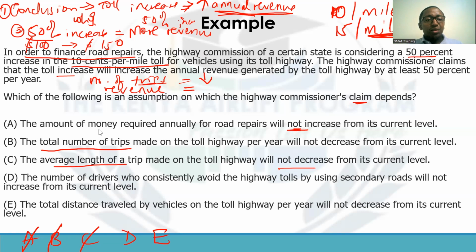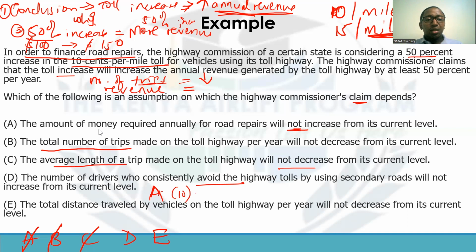D, the number of drivers who consistently avoid the highway tolls by using secondary roads will not increase from its current level. So the ones who avoid the highway. Say there are A number of drivers driving on this highway, and say there are 10 who avoid.